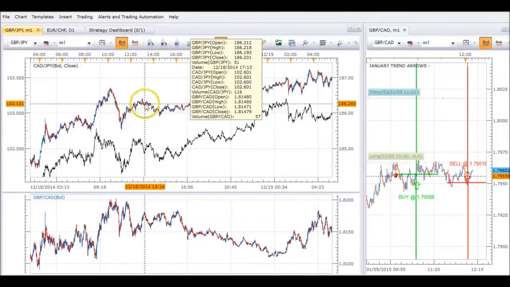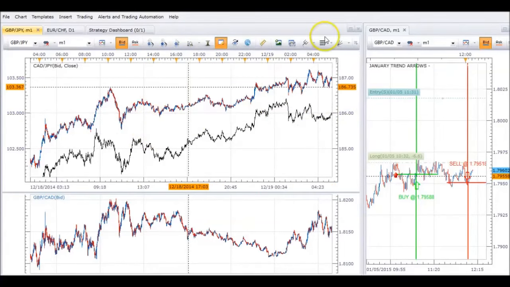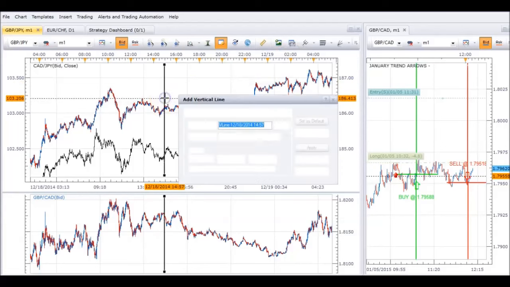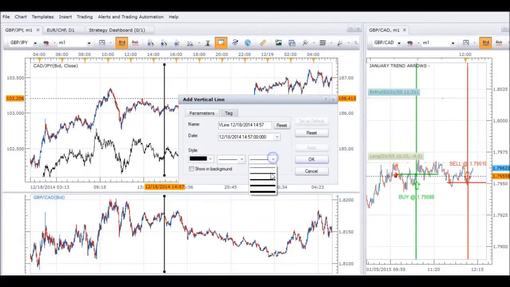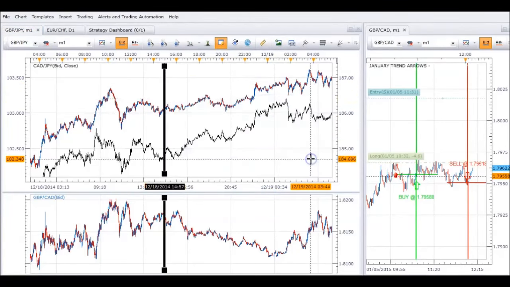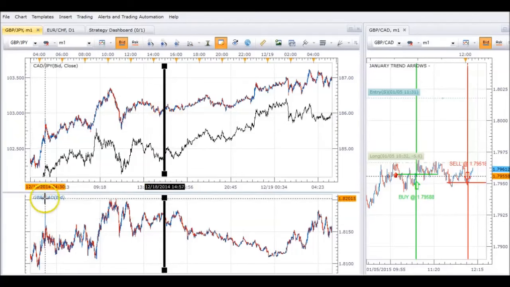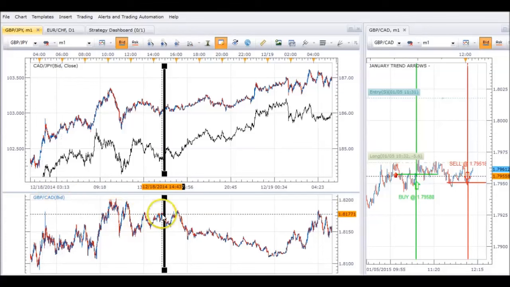So let's say that I sell it right here. Let me put a line. I'll make it thick. Okay, I sell this right here. So I am selling the British pound / Canadian dollar right here.